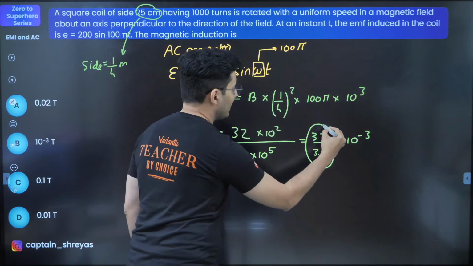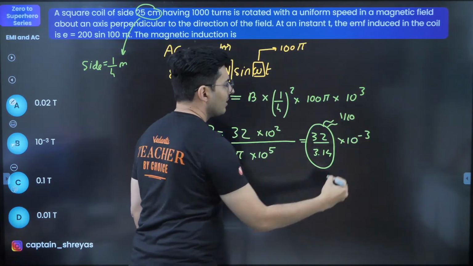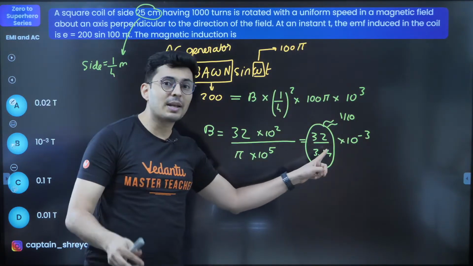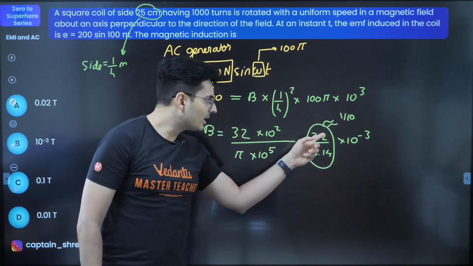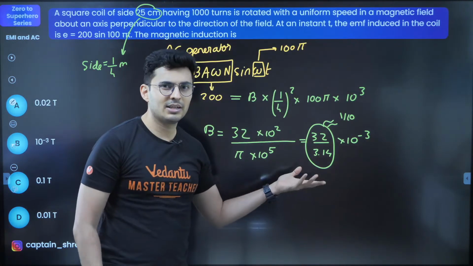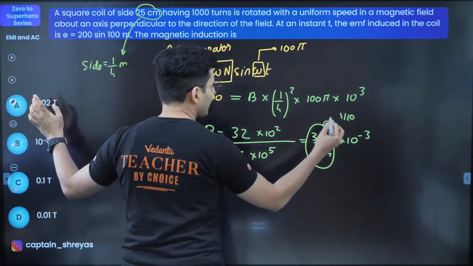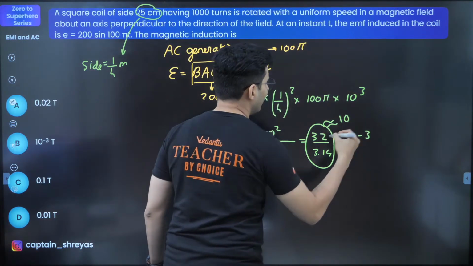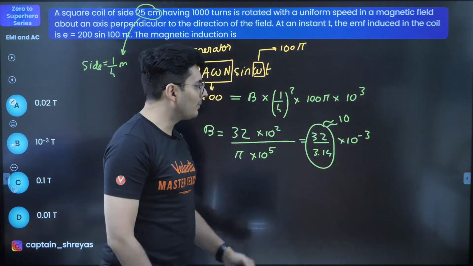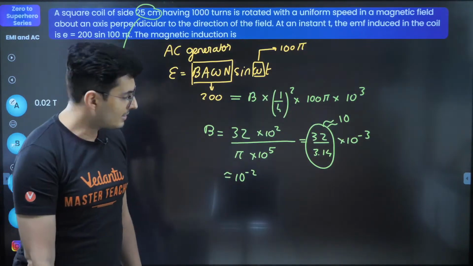Notice this value is roughly 10 times, because 32 is very close to 31.4. Sorry, I wrote 1/10, my bad. It is roughly 10 times. So 10 into 10 to the power minus 3 is approximately 10 to the power minus 2. That's the answer, in Teslas.